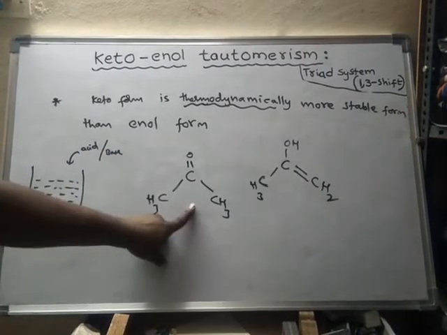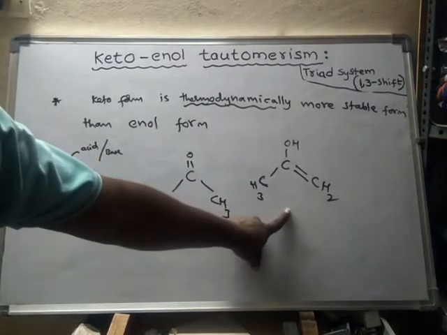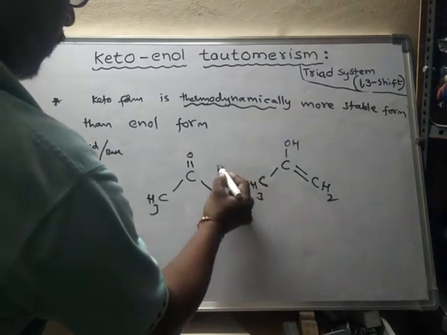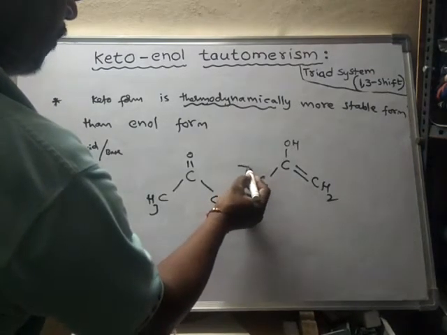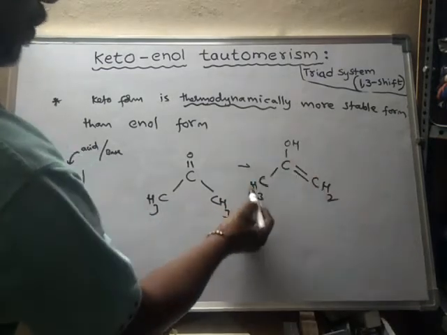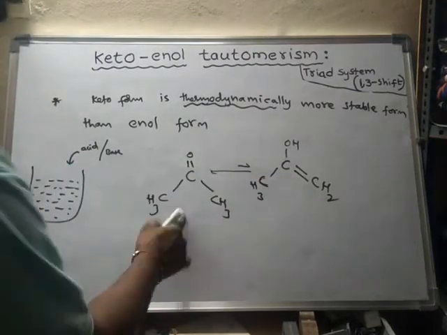This acetone will convert into this one. Only a very little amount of acetone will convert into this one, and after the formation of this one, so much amount of this one will convert back again.